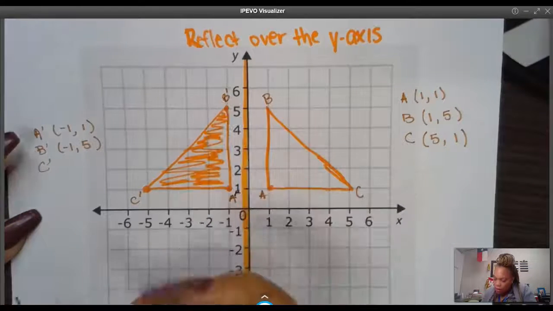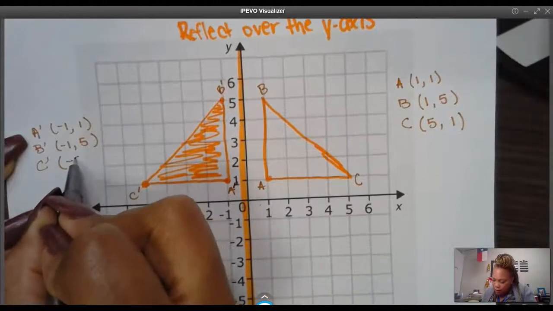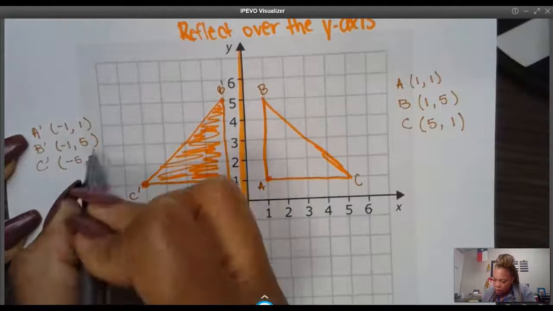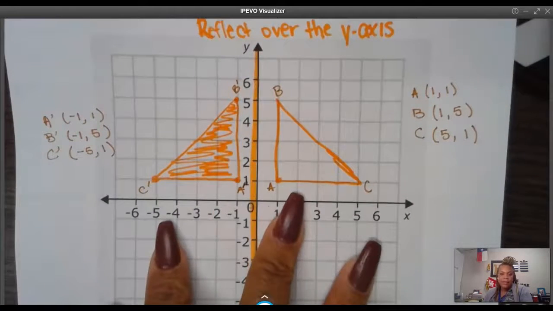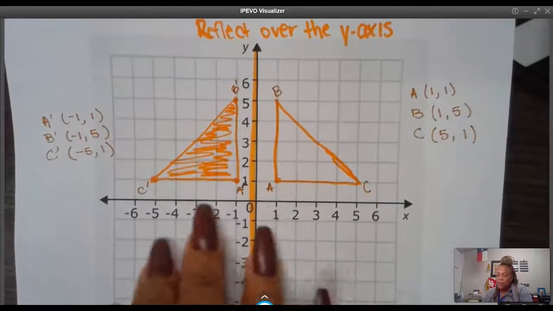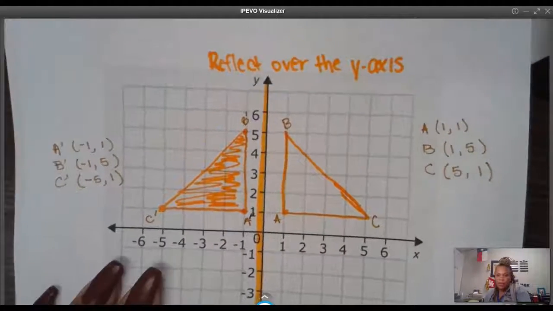X is -1, Y is 5. And C prime is at -5 is X and 1 at the Y. Those are positive, okay? I'm going to come back to this, but for right now, we reflected over the y-axis. I'm going to show you the similar example reflecting over the x-axis.